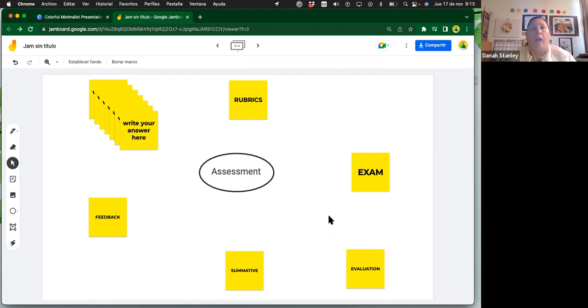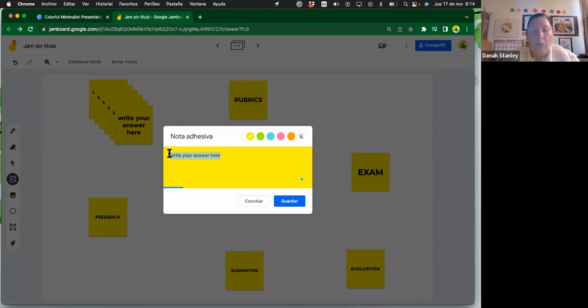But more than having the knowledge and being able to memorize, what we are looking for in an assessment or an exam or an evaluation is to have a general panorama, in this case of English, of how our students are doing, how competent they are. So I would add the word competence.